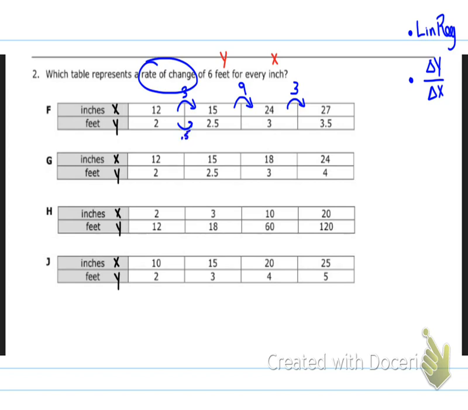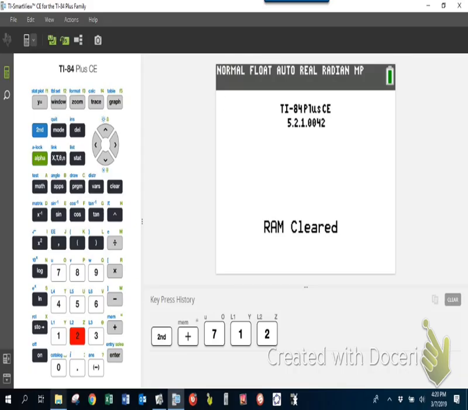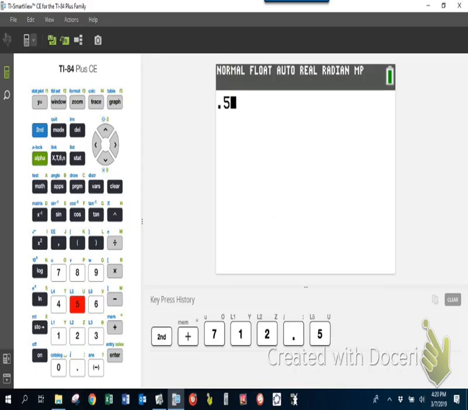And then I'm going to do the same thing at the bottom. And what you need to go check is what's the change in y over the change in x. So you simply just divide. Just remember, change in y over change in x. Some people say 3 over 0.5. It's not. The change in y is 0.5 over 3.